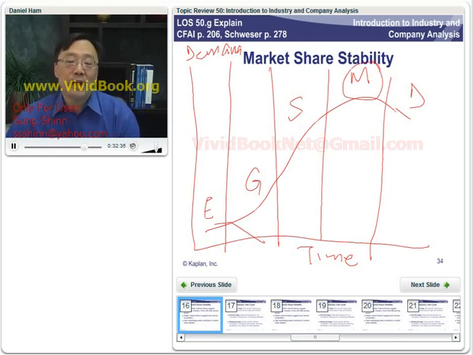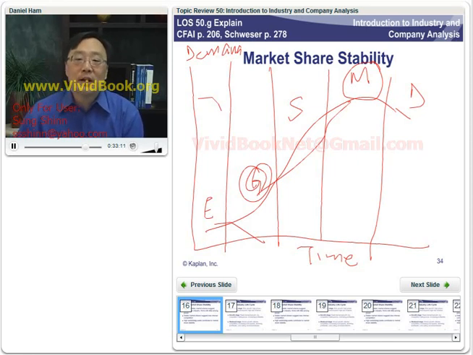In the mature stage, and especially if there's a stable mature stage, you're going to be able to use single stage growth models, the Gordon growth model, anything to do with single stage models you can apply as long as you're in the mature stage and there's stability. And you're more likely, if you're in the growth stage or the shakeout stage, well, especially in the growth stage, to use either a 2-stage model or even a 3-stage model to value your companies.